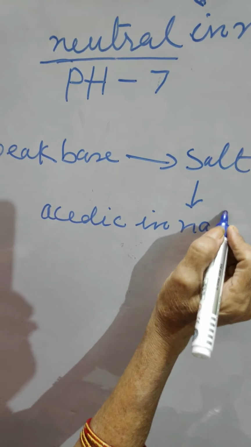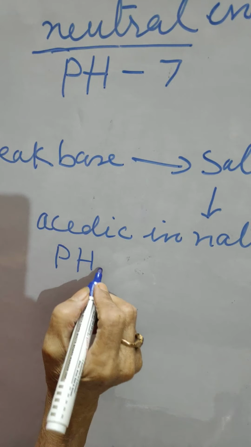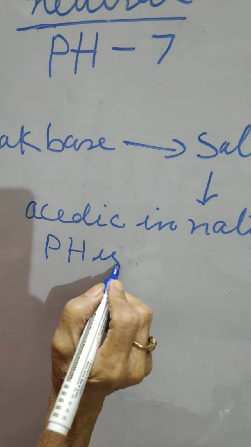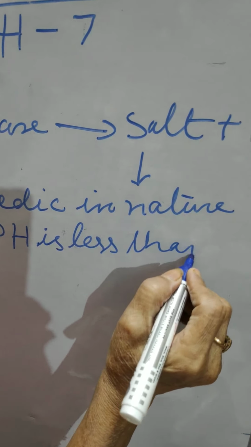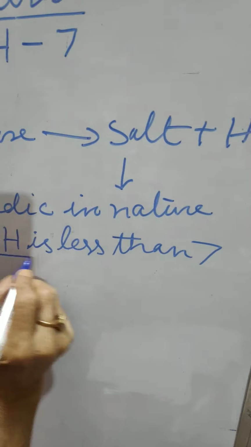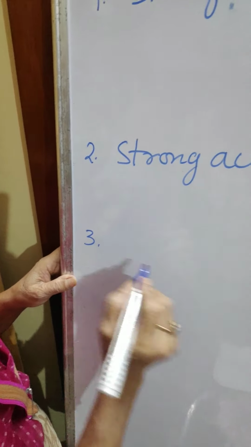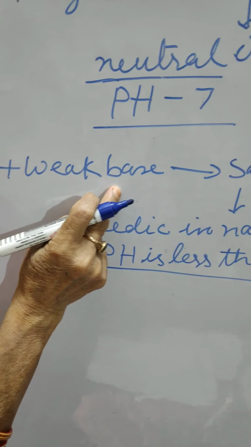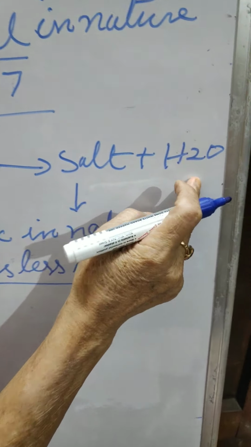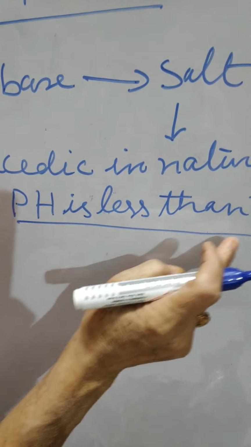The pH value is less than 7. When the strong acid reacts with the weak base, they form salt and water, and this type of salt is acidic in nature and the pH is less than 7.